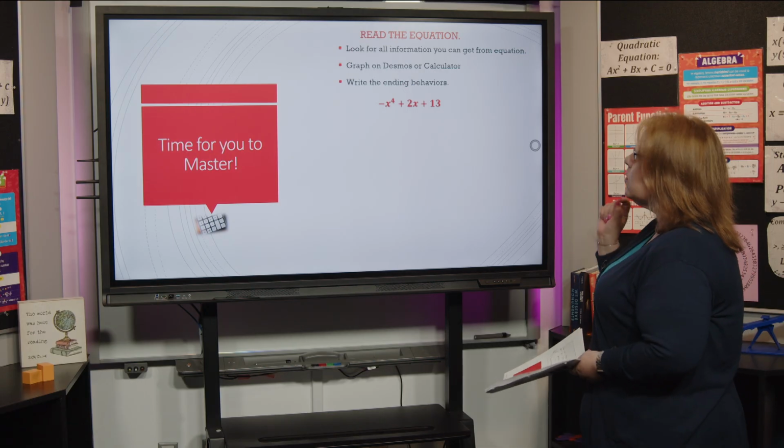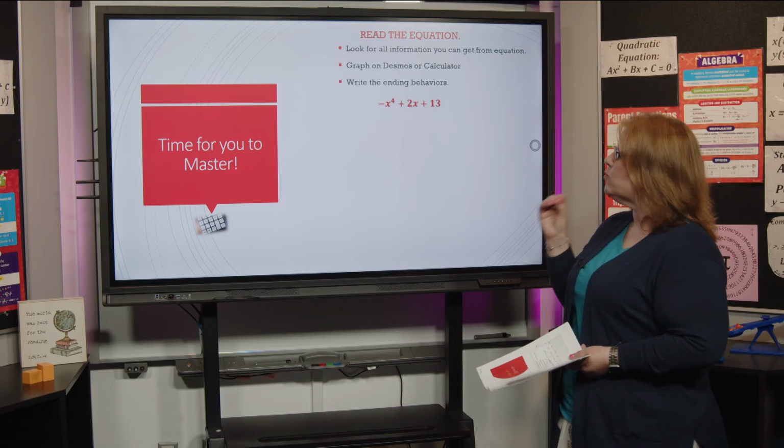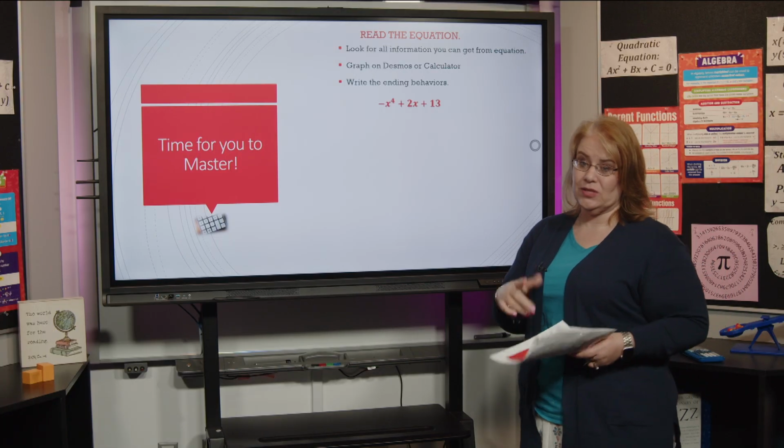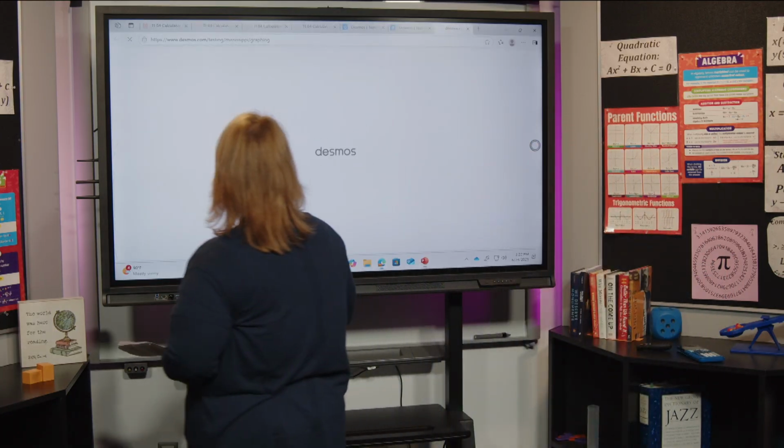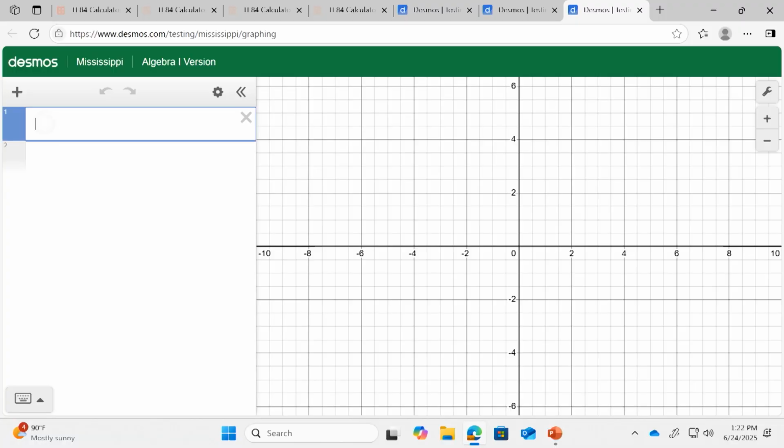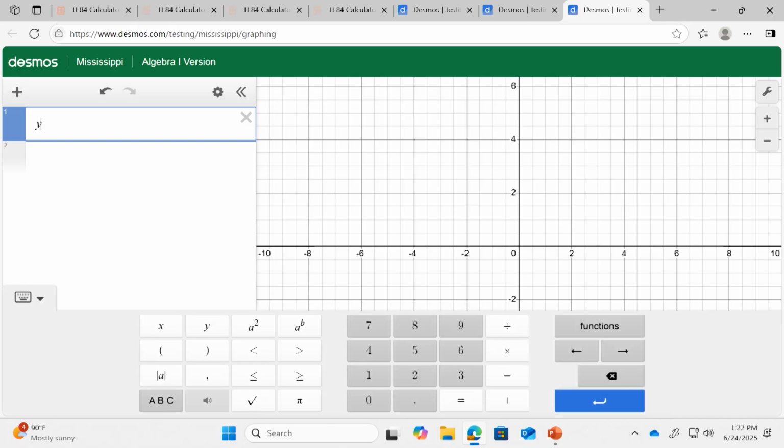All right, so what I'm going to do is I'm going to plug this in and see exactly what it looks like. So here we go. So I'm putting it in Desmos, and I'm going to put y equals, and then I have negative x to the fourth. I'm going to scroll over to get out of my exponent, and then I have plus 2x plus 13.